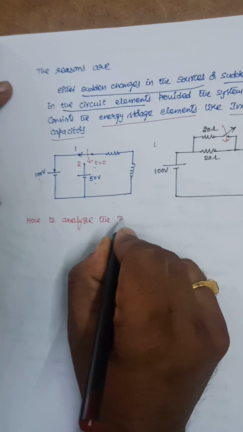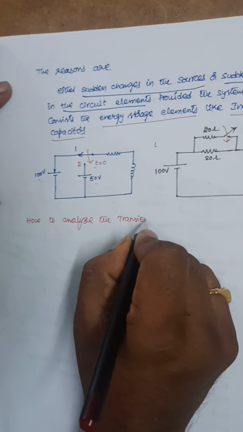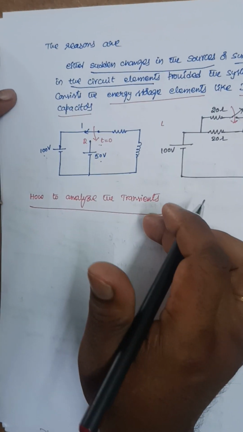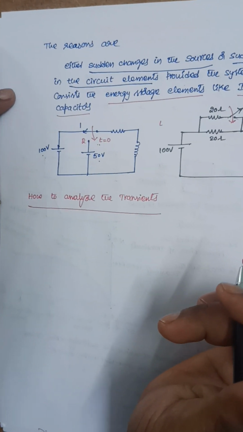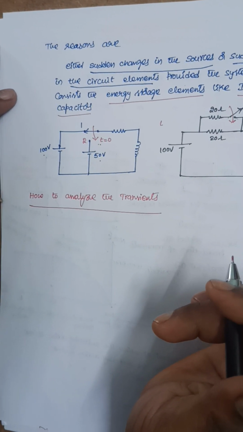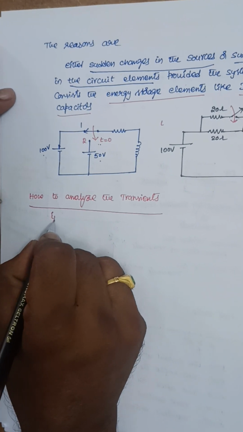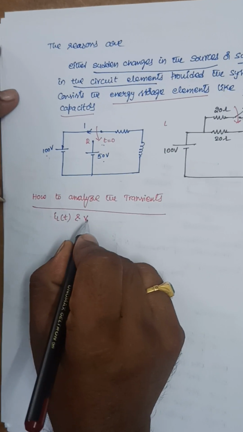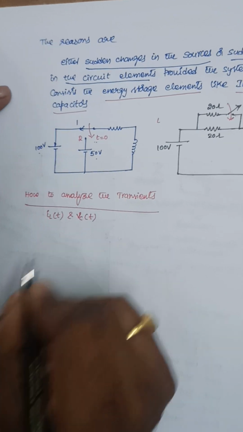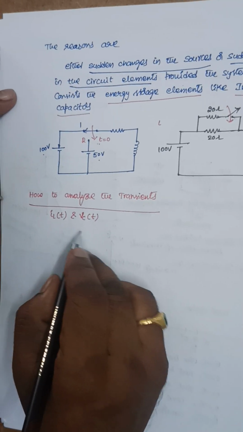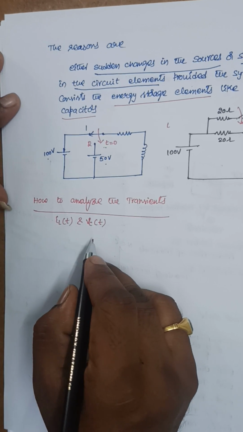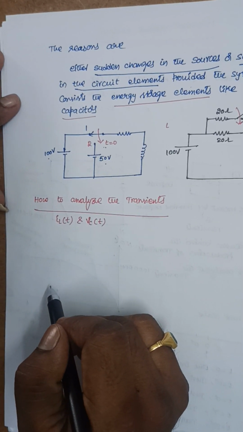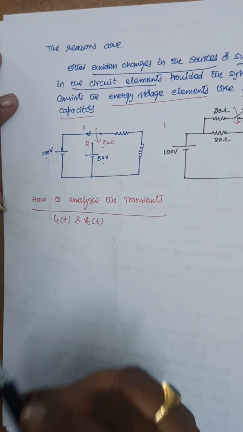In this analysis, mainly what we are going to find is the current through the inductor, iL of t, and the voltage across the capacitor, vC of t. These two are what we focus on in the analysis of the transients concept. So how to find these things?